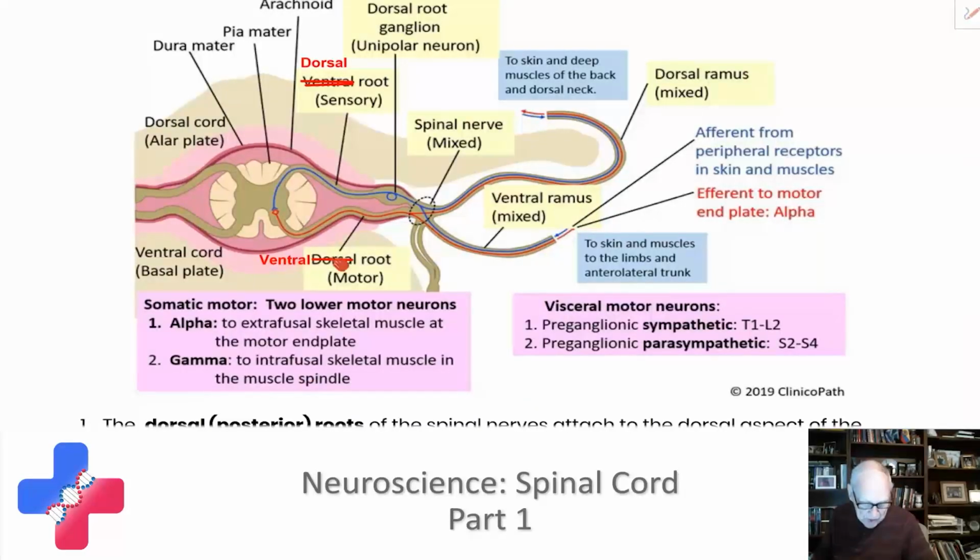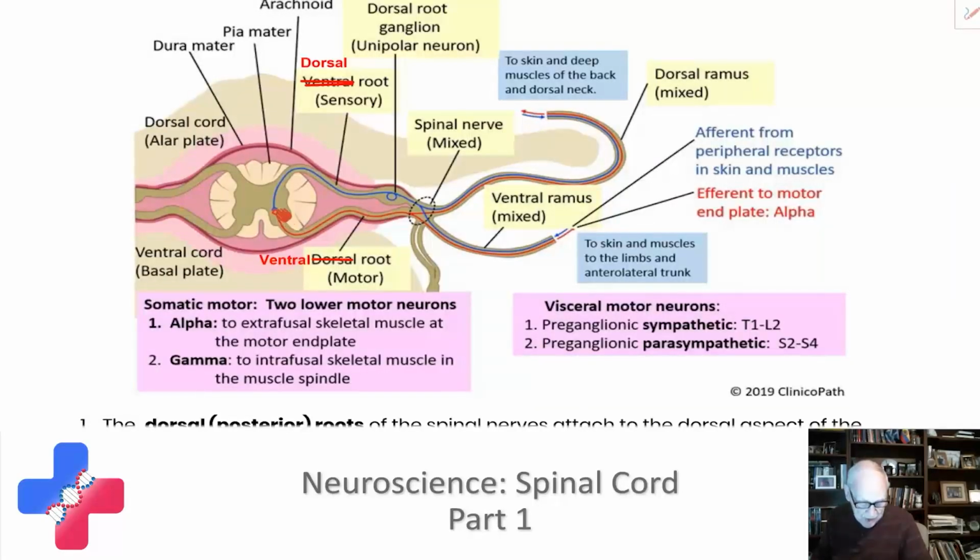So again, notice that coming out of all 31 ventral roots, we have these two lower motor neurons. Now, one thing important to note: all, and that's ALL, of these motor neurons coming out the ventral roots have their cell bodies somewhere in spinal cord gray.